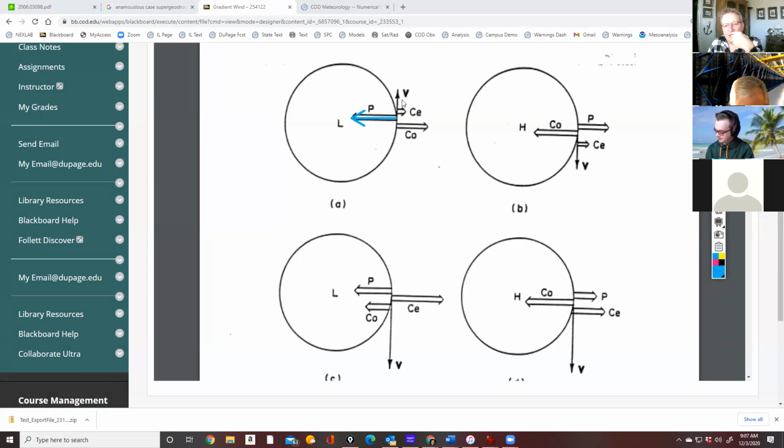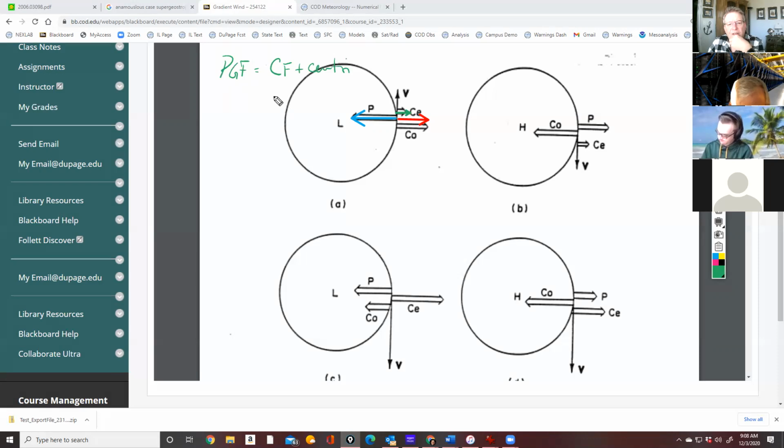The velocity of the wind is like such, and the Coriolis force is perpendicular to the right. Now in this case, as you're going cyclonically, the centrifugal force, which they put as CE, and I've done centri, is outward. So the pressure gradient force has to be balanced by the Coriolis force plus the centrifugal force.